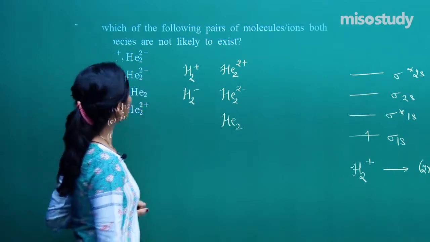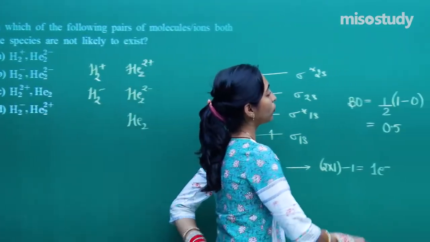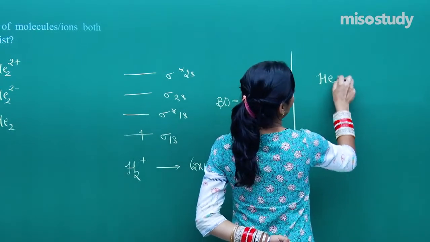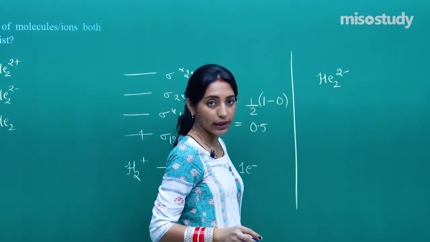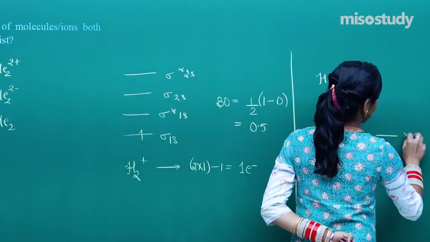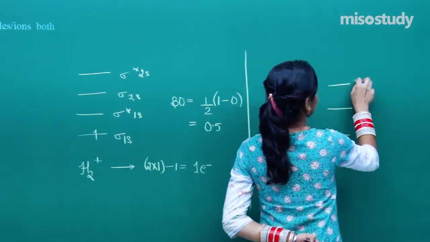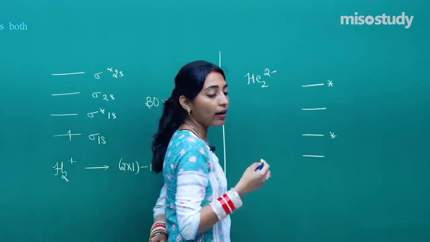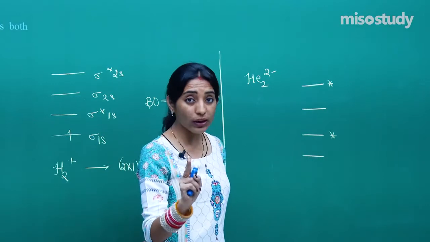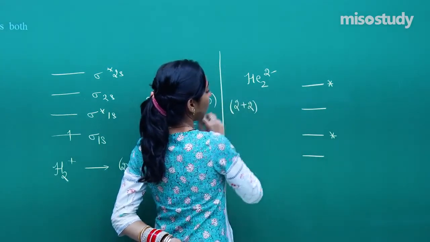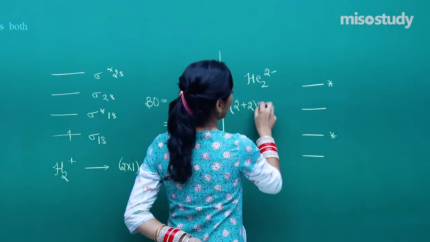Now moving further to He2 with 2 negative. Once again I draw sigma 1s, sigma star 1s, sigma 2s, sigma star 2s. How many total electrons will be there? For helium, 2 electrons, so 2 plus 2, 4 should already be there, and 2 more you have added.